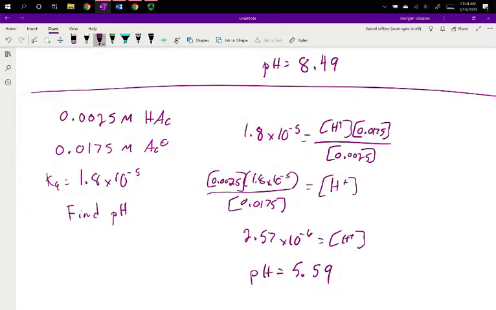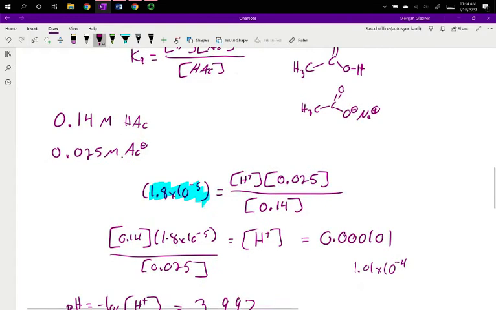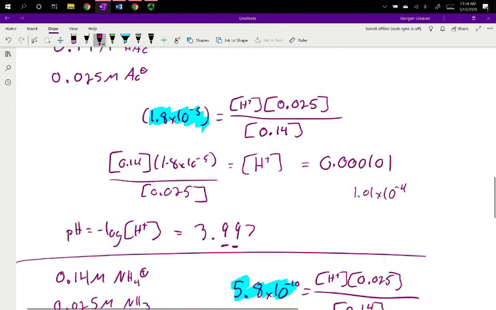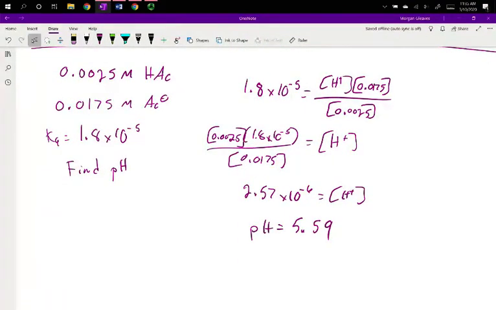In this case, I had far more base than I had acid, and 5.6 versus our first problem, where I had a lot more acid than I had base, and our pH was 4. So by swapping to having a greater concentration of base, I have a higher pH. And remember that higher pHs are more basic.